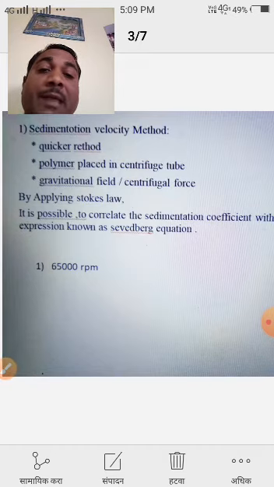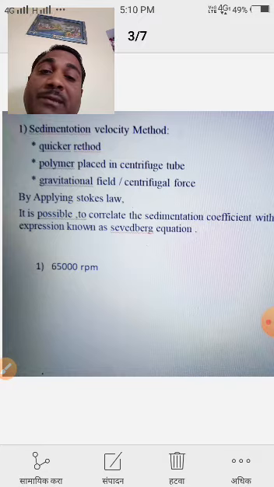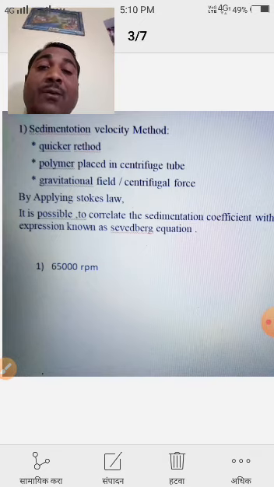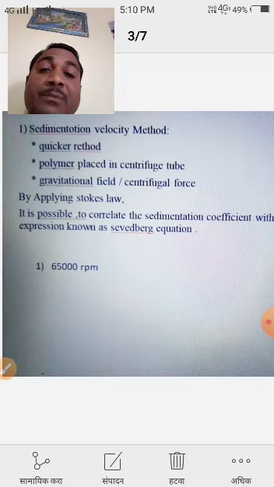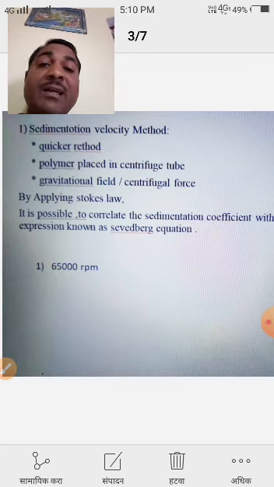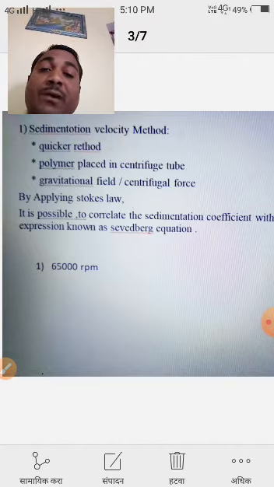The polymer sample is placed in a centrifuge tube and rotated, so the colloidal particles are sedimented under the influence of gravitational field and centrifugal force.